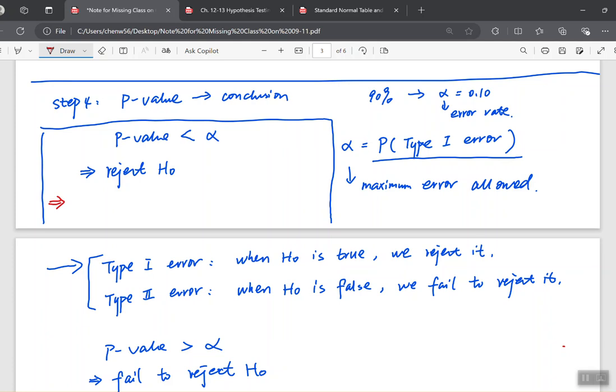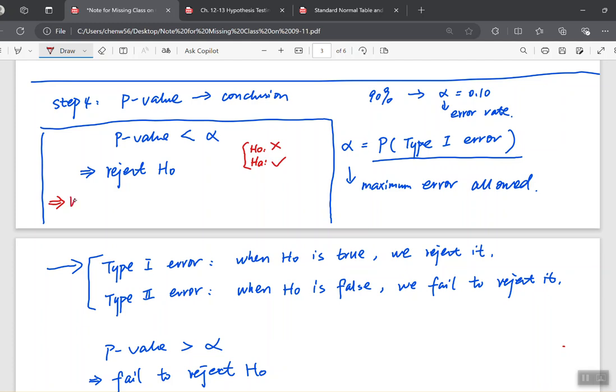So that means if you reject a null hypothesis, remember we always have a pair of hypotheses, right? So if we reject the null hypothesis, that means our alternative hypothesis is supported. That is why we have one more line for our true conclusion.